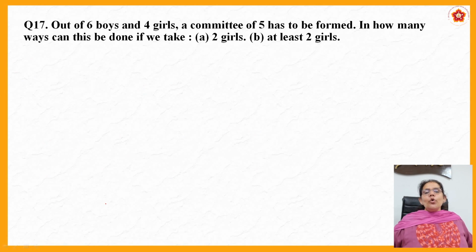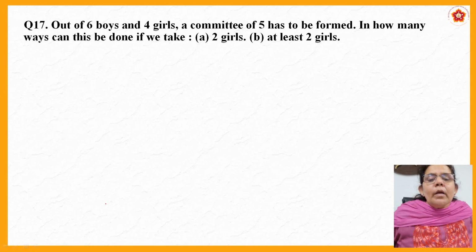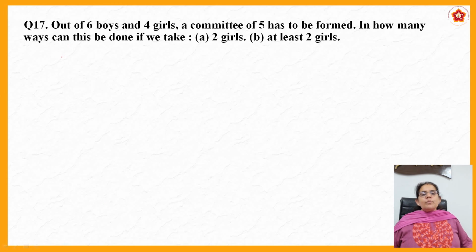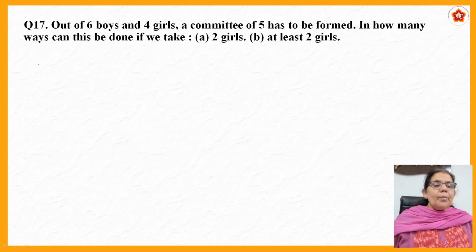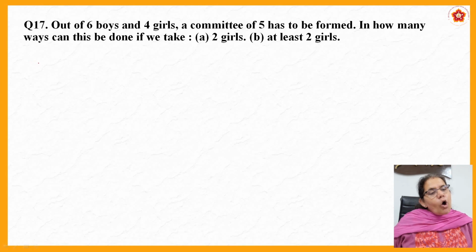Moving on to question number 17. Out of 6 boys and 4 girls, a committee of 5 has to be formed. In how many ways can this be done if we take exactly 2 girls, and B part is at least 2 girls?